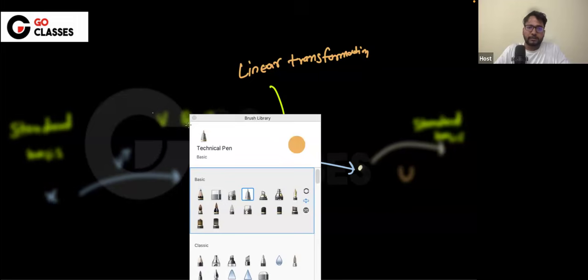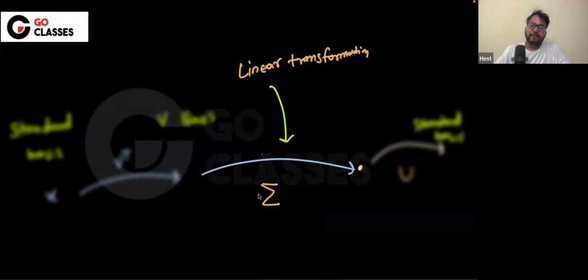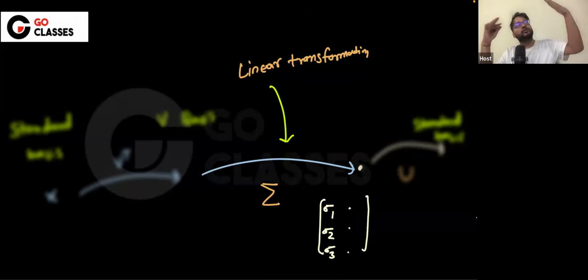Sigma is saying that I'm multiplying your vector, yes, it was in the basis of v, but that's fine, I'm just ignoring the basis. So sigma is saying I'm multiplying your vector with sigma 1, sigma 2, sigma 3, like this. That's what any matrix is doing. Yes, we can talk about in which basis it is doing it, and all. You are having a vector, you just see this vector with respect to the basis b.